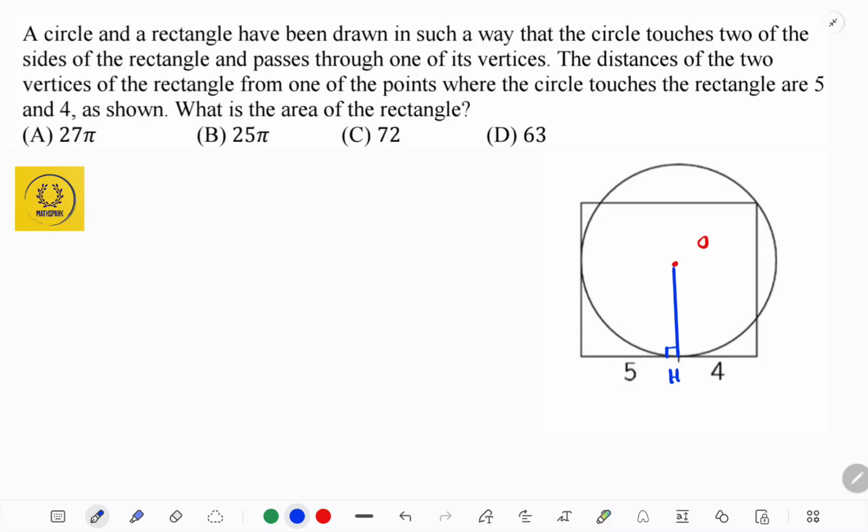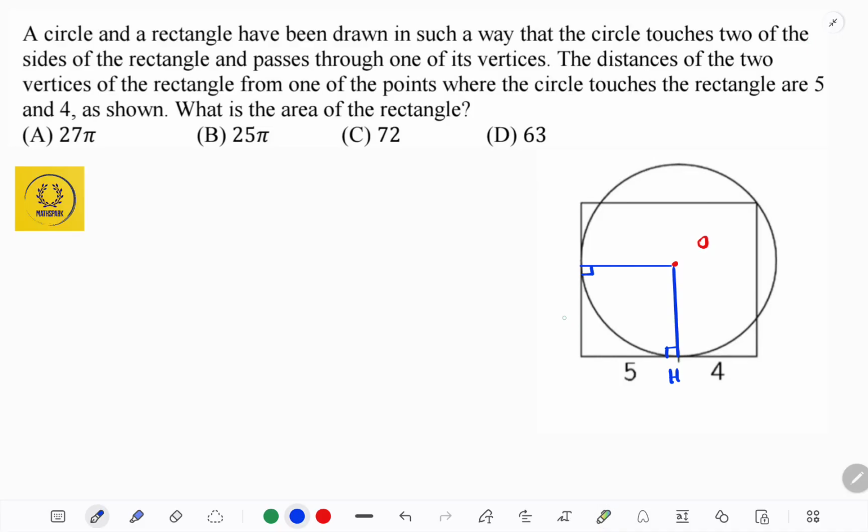Okay, and then I'm gonna draw another line, a perpendicular line to this tangent line, and we have another right angle here. Okay, and then we have this point. This is an exterior point, and we know that these two segments are equal in length, because they are two tangent segments.